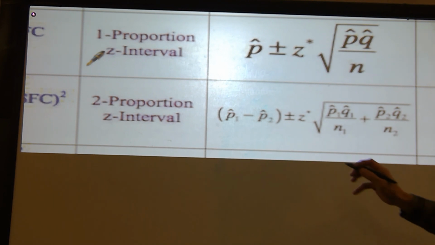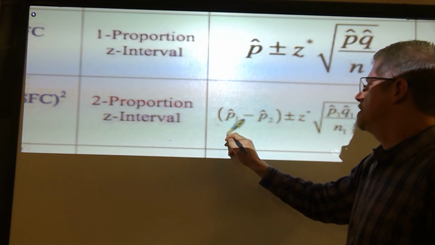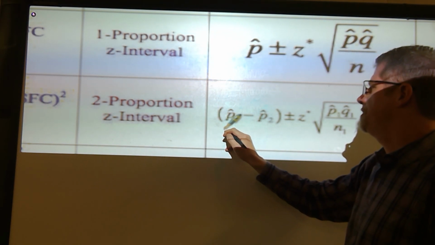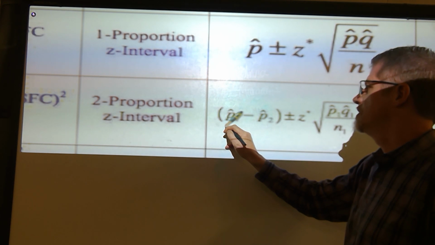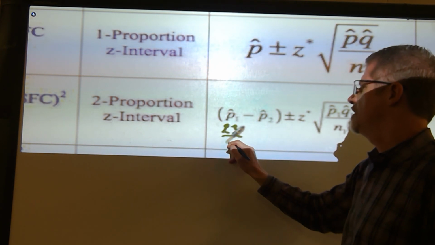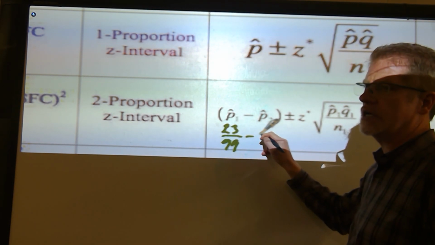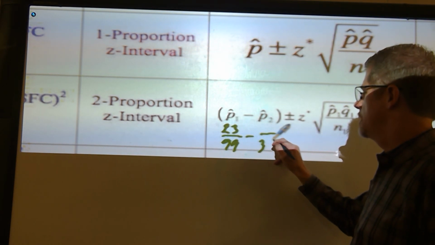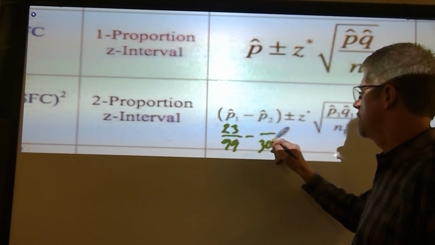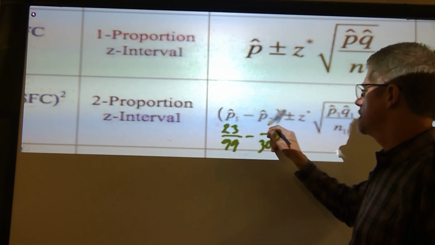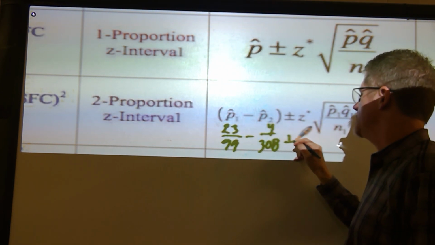I guess I could even draw. I wonder if this will let me draw. So p1 hat was 23 over 99, minus, how many was it out of 308? 4. So it's 4 out of 308, plus or minus.